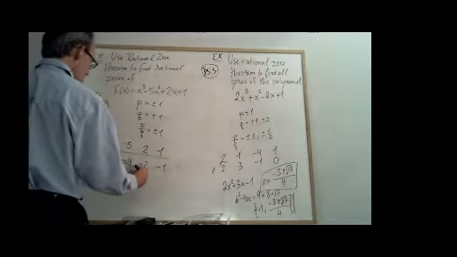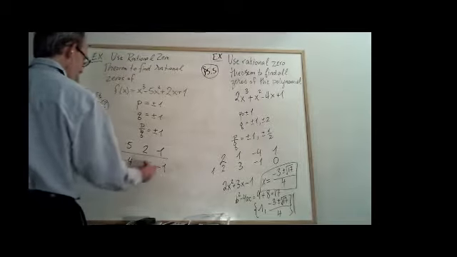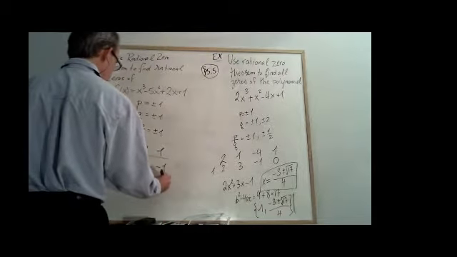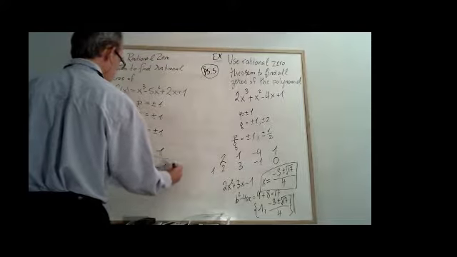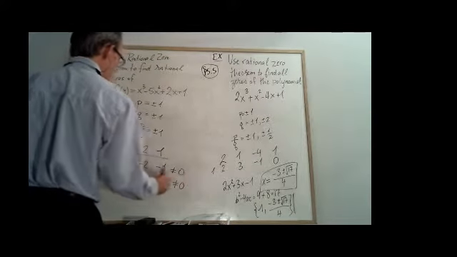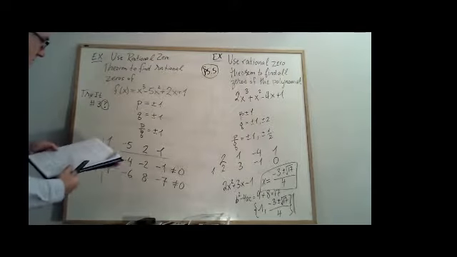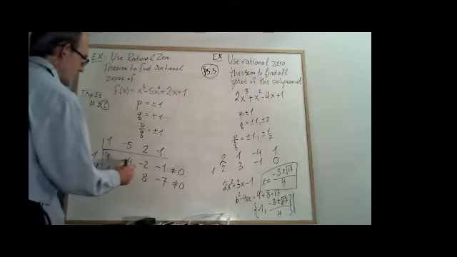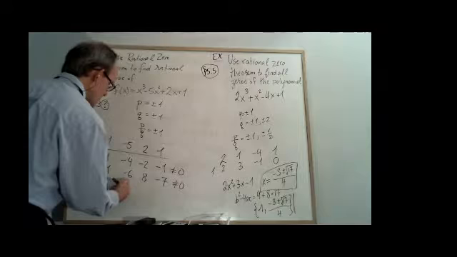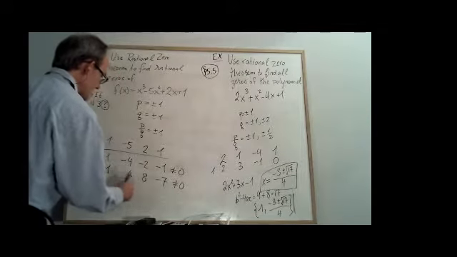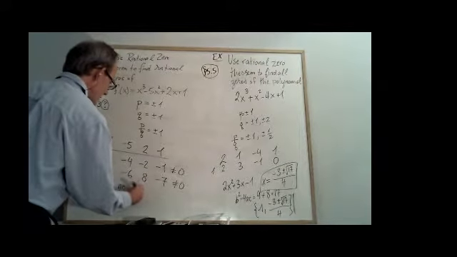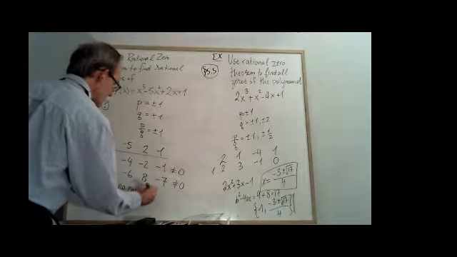Plus 6 plus 2, 8. Minus 8 plus 1 is minus 7. So again, not equal to 0. Neither of those are roots. Since those were the only possibilities for rational roots, you've just shown there are no rational roots.